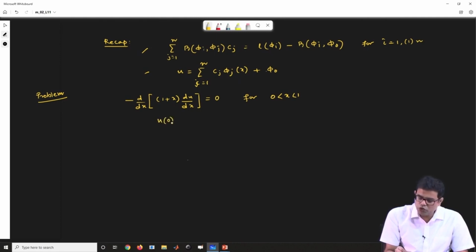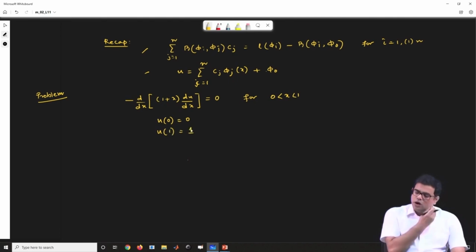Let us take u(0) equals 0 and u(1) equals 1. So this is the boundary condition.